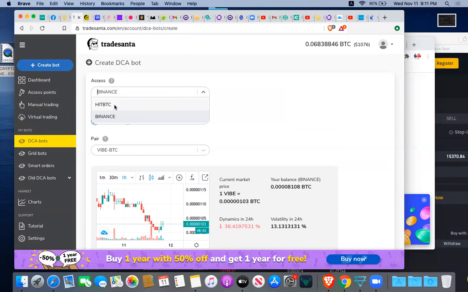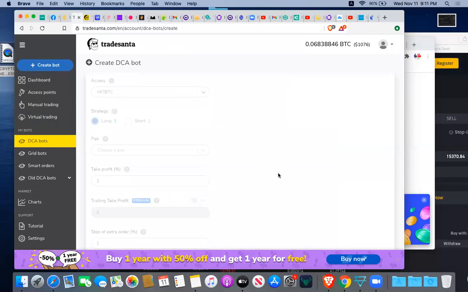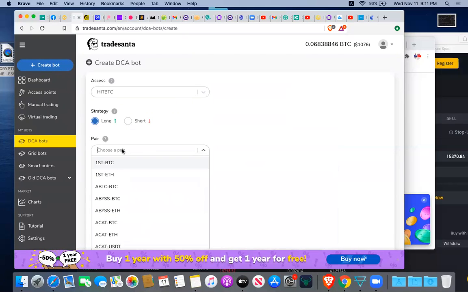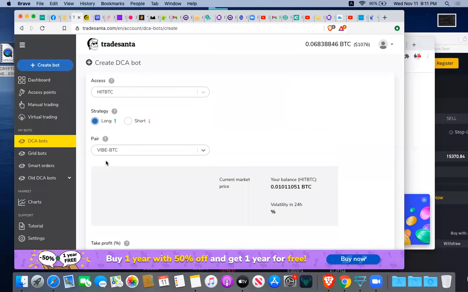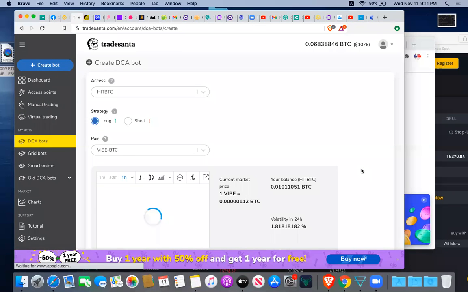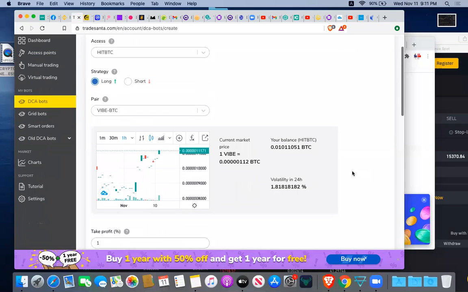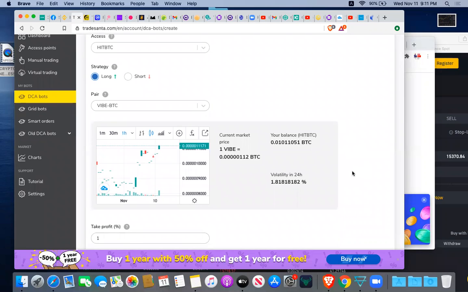Let me check it, BTC. Not sure if there's Vibe there. Okay, there is. Okay, I have some coin, BTC. So like now, Vibe has already gone out of hand, man. Crazy. How many Satoshi?